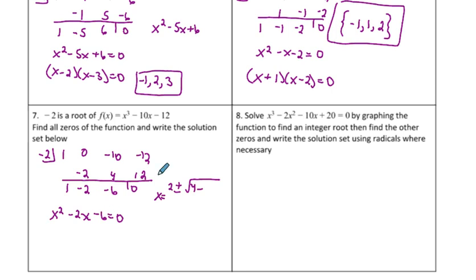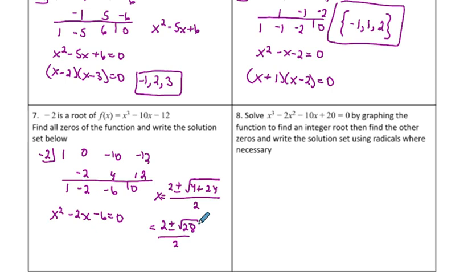So that's a negative, so 4 plus 24, divided by 2. So that is 2 plus or minus the square root of 28 divided by 2. But the square root of 28 is the square root of 4 times 7.